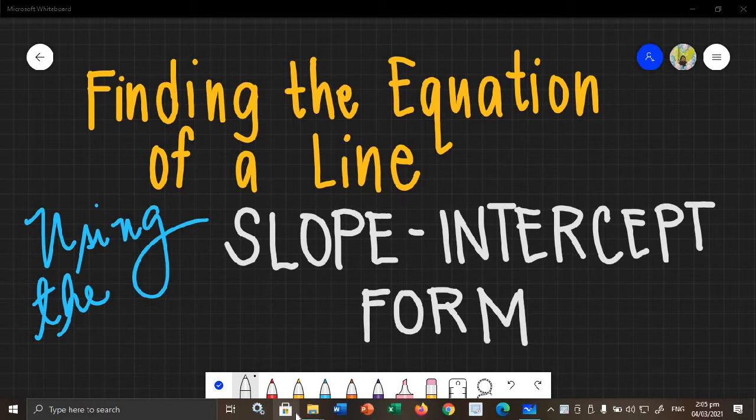And you will find the required equation of the line using the first method that we will talk about, the slope-intercept form. Madami kasing method to find the equation of a line, but in this video, we will use the slope-intercept form to find the required equation of a line.